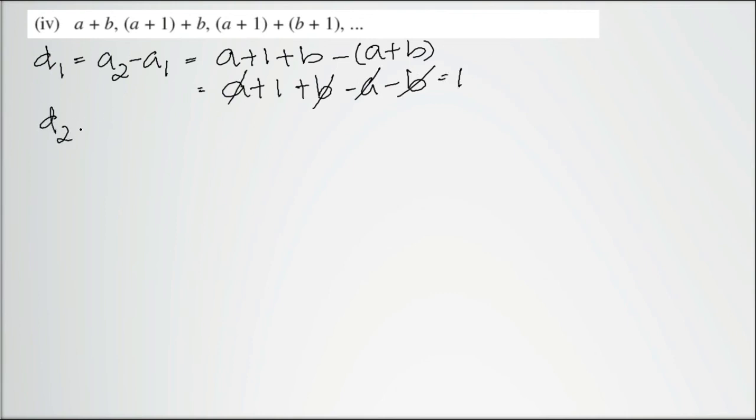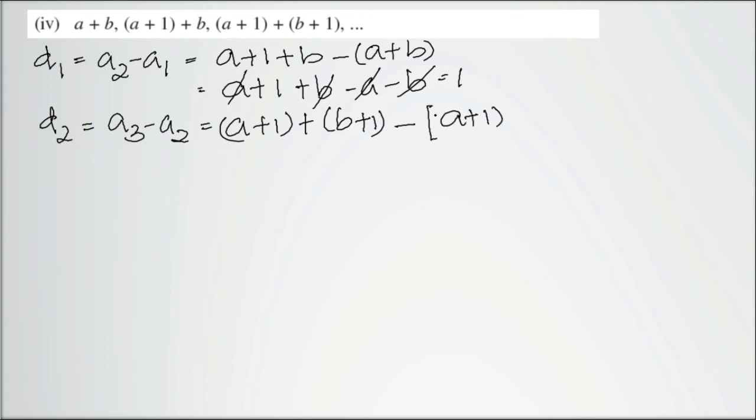The second difference is a3 minus a2, the third term. A plus 1 plus b plus 1 is the third term, minus the second term, a plus 1 plus b. Let me simplify this.